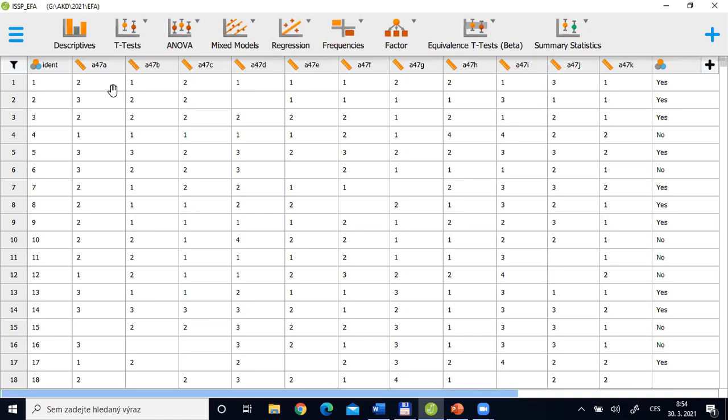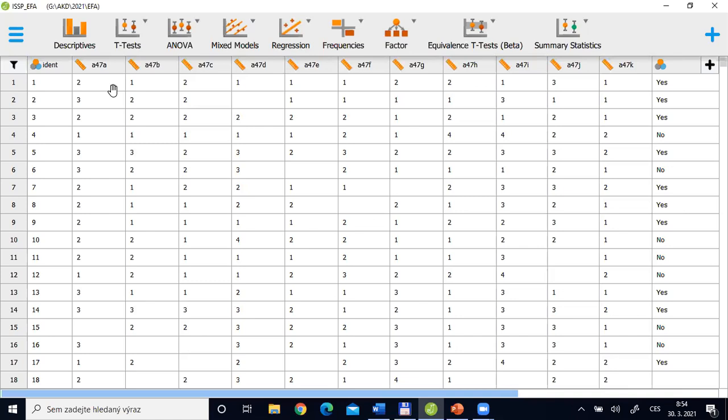One more comment or recommendation: if you would like to use special algorithms for shorter scales and you would like to use packages that are free, there are, in my opinion, 2 very good options. One option is to use some special packages in R, or the R project. That's the first option.